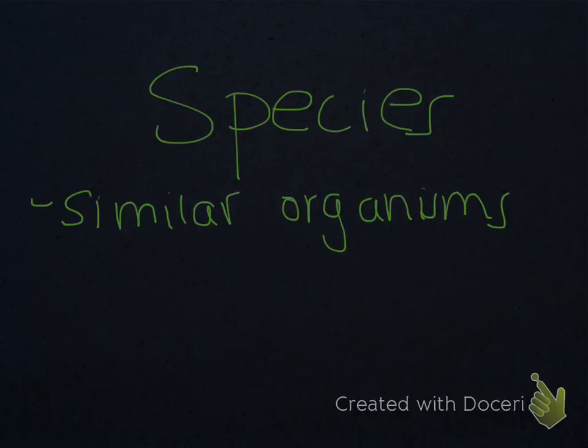And it's a group of populations that could be interbred. So it's not like a fly and a chimpanzee. They can't interbreed, so that's not a species. It can be like a group of monkeys or something like that, which can interbreed. Those are two important points.